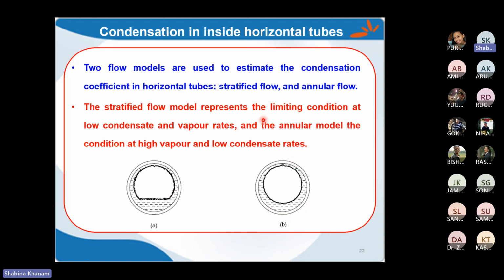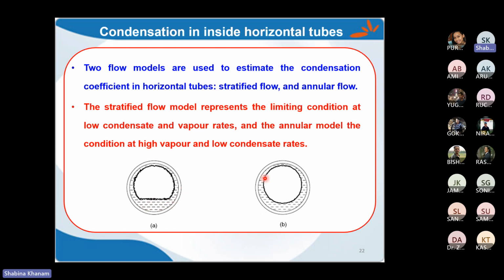Stratified flow represents the limiting condition at low condensate and vapor rates. So if you consider a low condensate rate and low vapor rate, the vapor will not flow very fast, and it will let the condensate accumulate at the bottom.